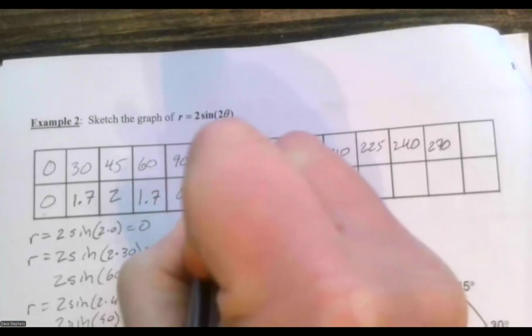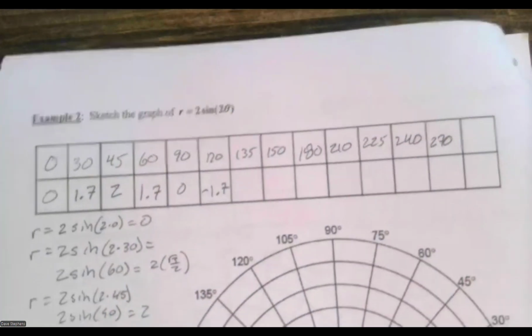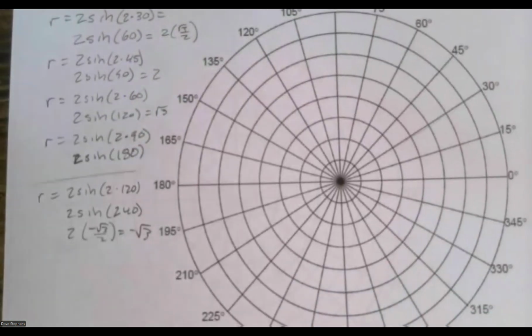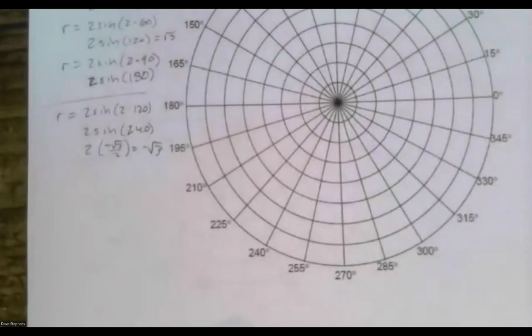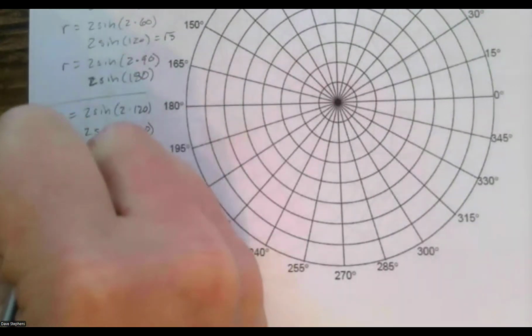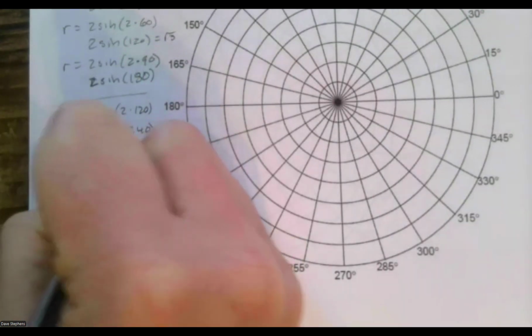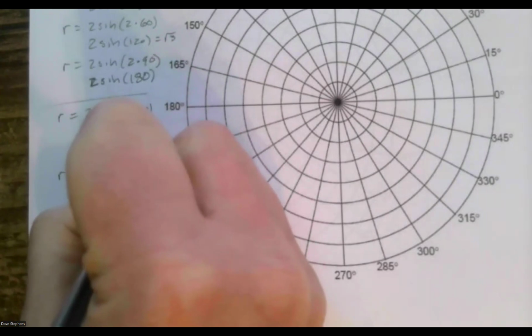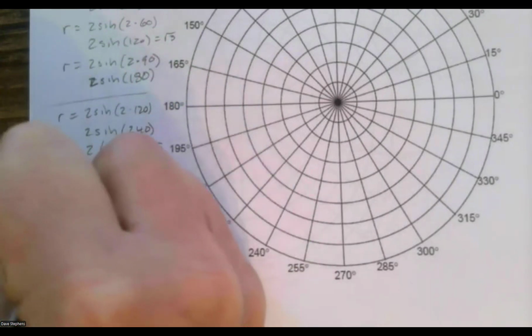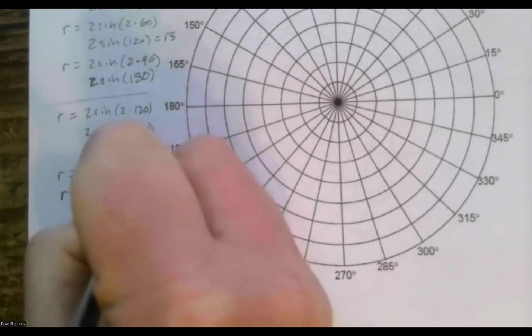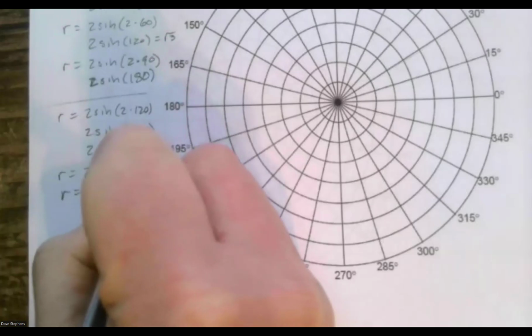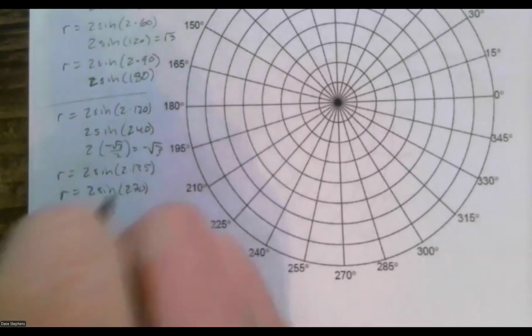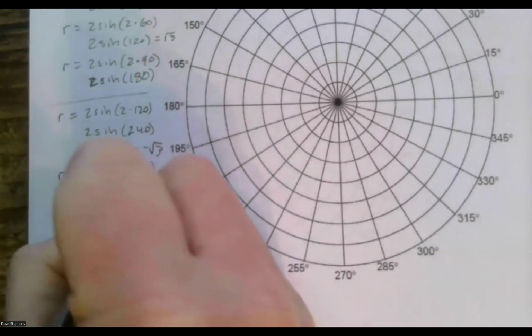So that gives us a negative 1.7. 135. Here we go. r equals 2 times the sine of 2 times 135. So r equals 2 times the sine of, is that 270? Ah, that's negative 1. So 2 times negative 1 is negative 2.